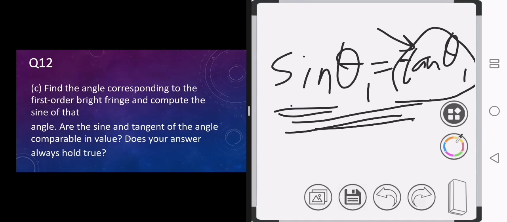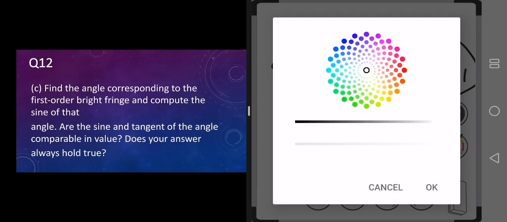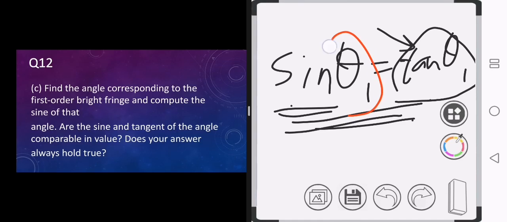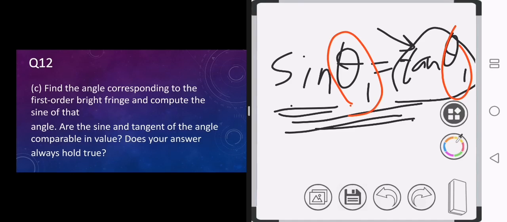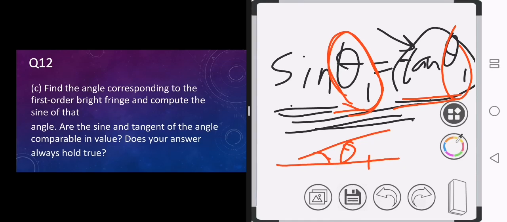This is because the angle is very small, so it will give a value that is very close. They're almost the same, sine theta 1 and tangent theta 1, because the value of the angle is very small.